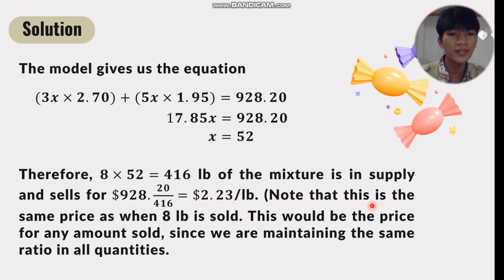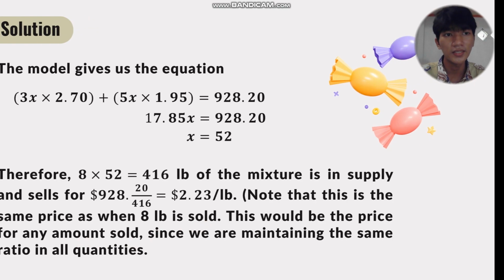This is the same price as when each candy is sold separately. This will be the price for any amount sold, since we are maintaining the same ratio in all quantities.